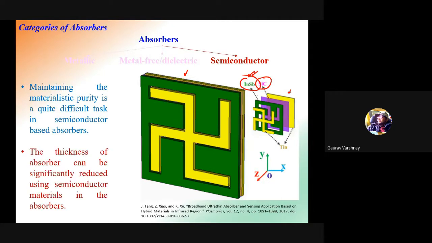But the advantage of utilizing semiconductor-based materials is that they can provide high conductivity in comparison to dielectric materials. So in fact, we can mold the conductivity during the fabrication process, manufacturing process. That thickness is significantly smaller in comparison to dielectric materials based absorbers or dielectric material based spacers being utilized in the absorbing units.